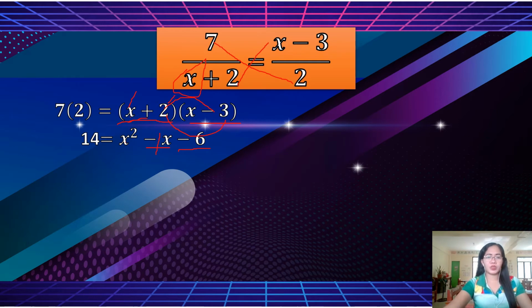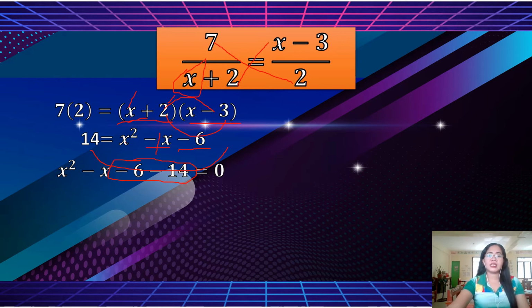Afterwards, we are going to transpose 14 to the right side, so it becomes negative 14. We just moved the 0 to the right side so it looks nicer. Okay, then we are going to combine like terms. Where are the like terms? We have negative 6 minus 14.